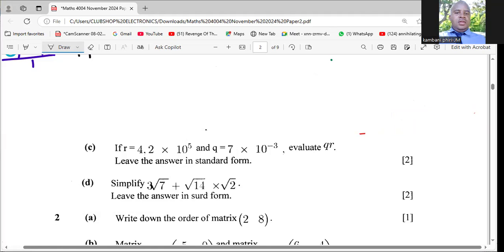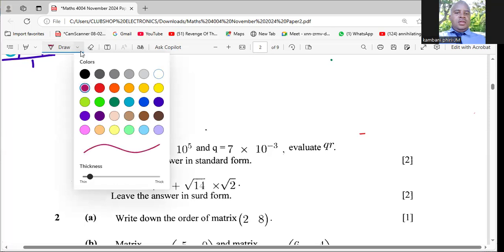If we have R, that is 4.2 by 10 to the power 5, and Q is 7 by 10 to the power negative 3. Let's find QR in standard form.